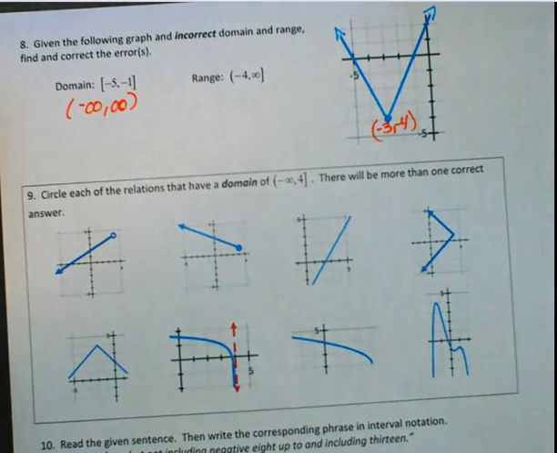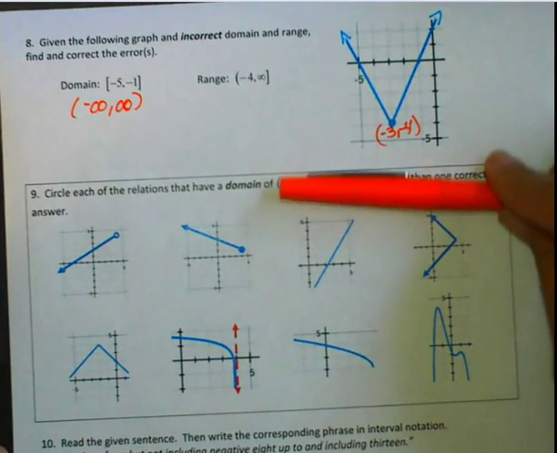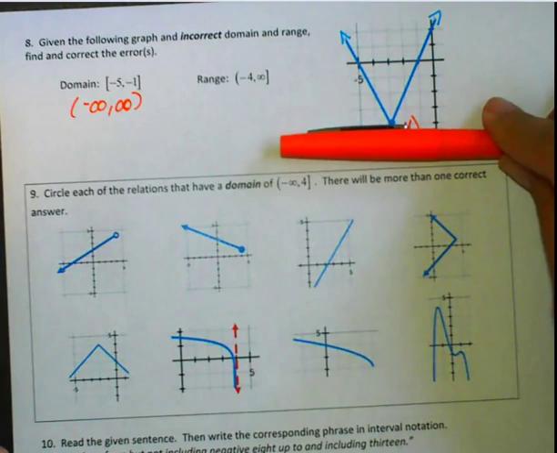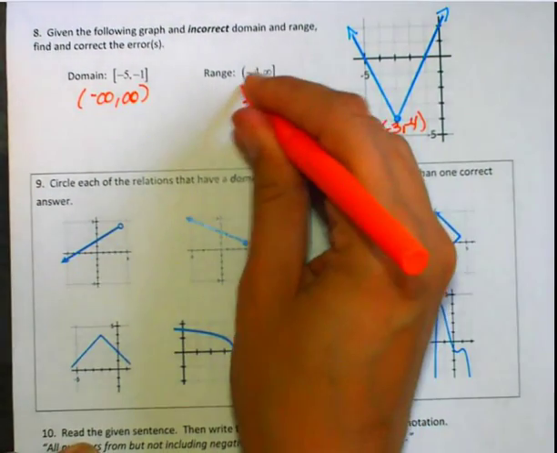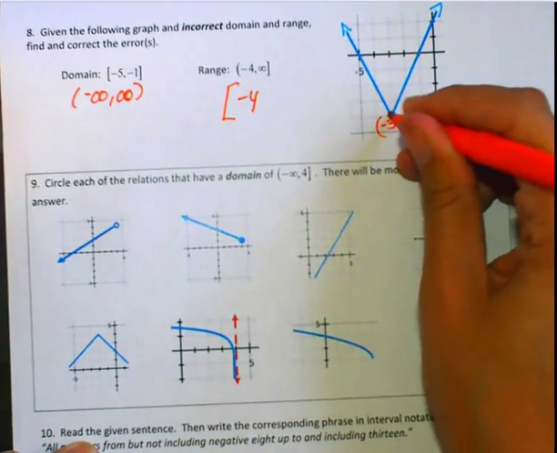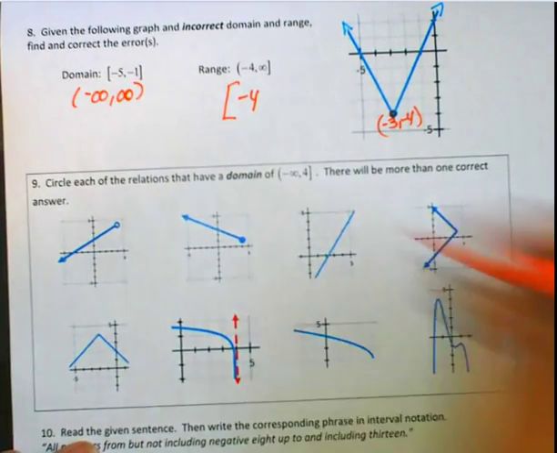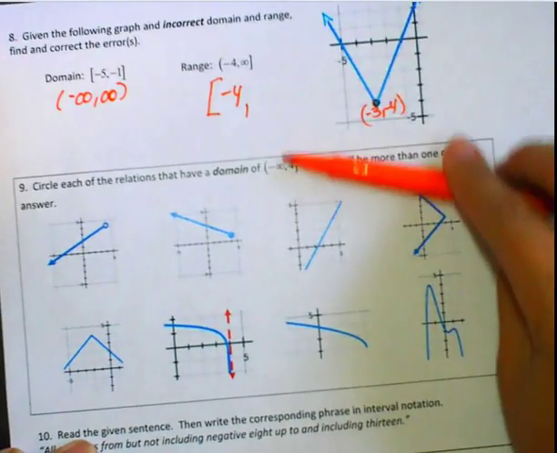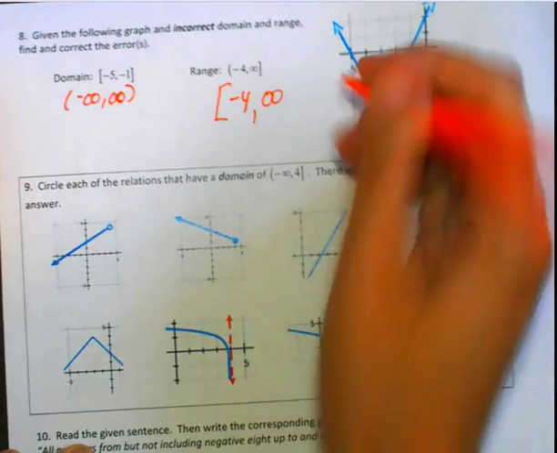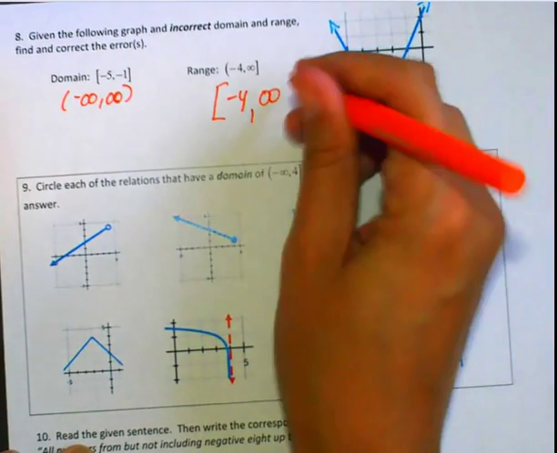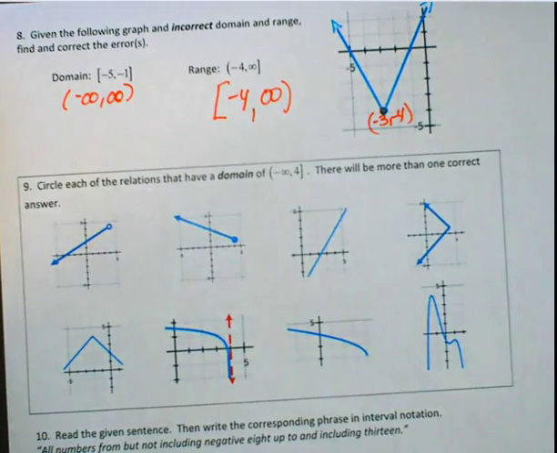Let's look at our range. -4. Now, I don't like this part. I like the -4 part, but I need a bracket there because it's starting at -4 at my vertex, and then going on to positive infinity. I like that it's positive infinity, but notice that this has a bracket. We always use parentheses with positive infinity. So there are errors, and we fixed them.